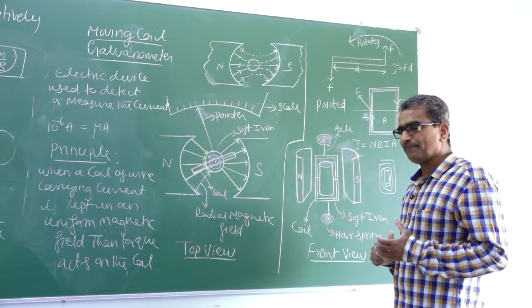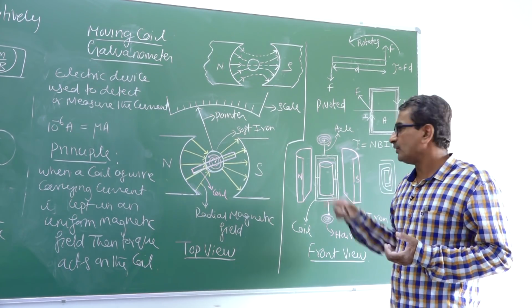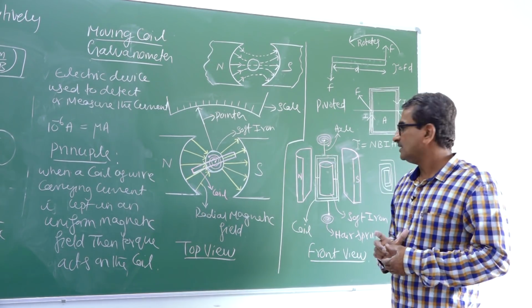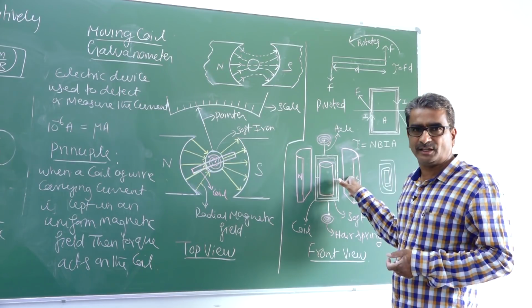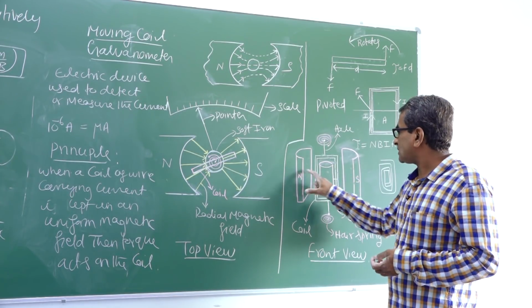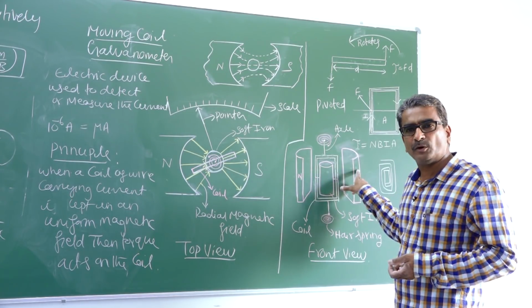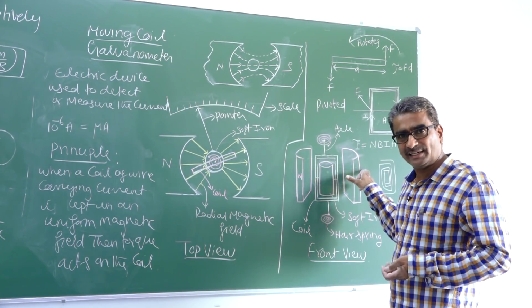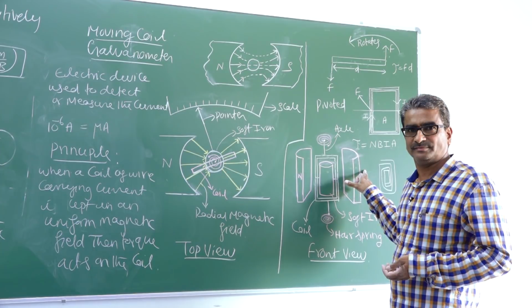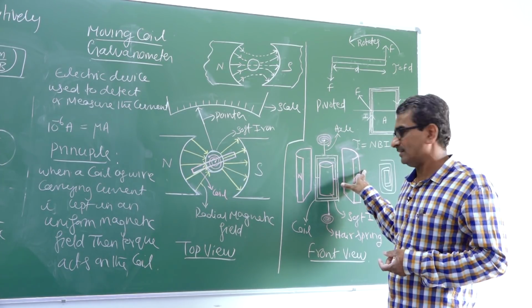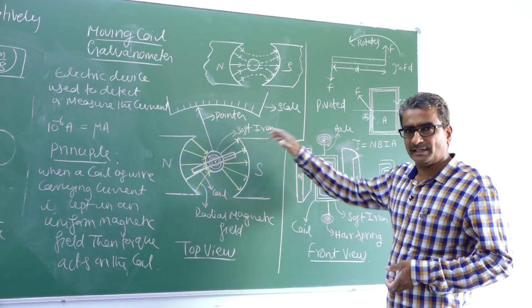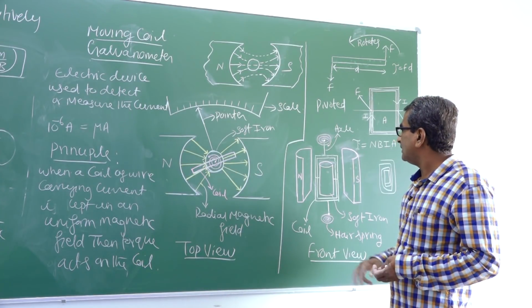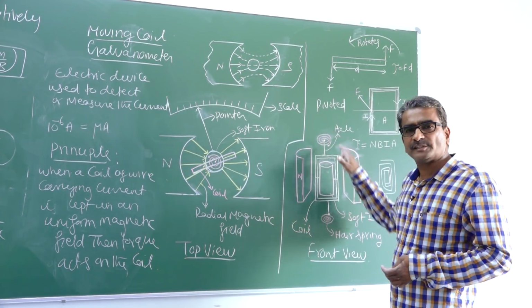Now, let us study the function of each of these parts used in this moving coil galvanometer. First of all, the concave shaped pole pieces are used to produce a radial magnetic field. We shall know about the radial magnetic field a little later. Then why are these spiral hair springs provided?